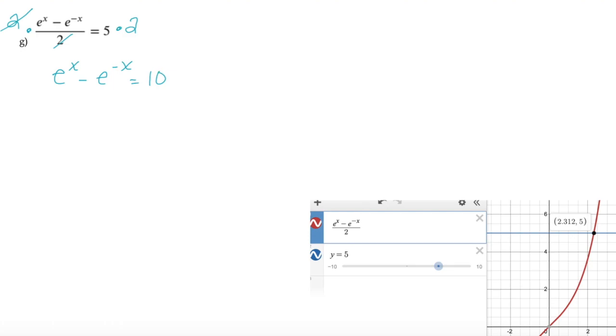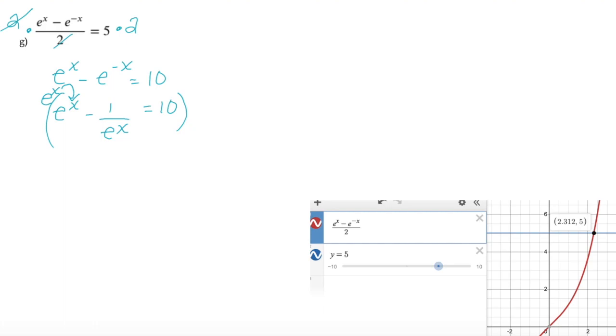This really is e to the power of x minus 1 over e to the positive x, to make it a positive value. To get rid of our fraction, we'll need to multiply by the greatest common denominator, which is e to the power of x. When I multiply to eliminate the parenthesis, I'll have e to the power of x times e to the power of x.